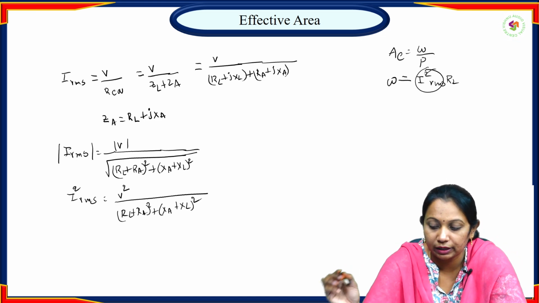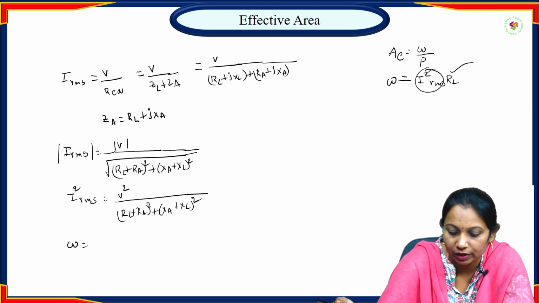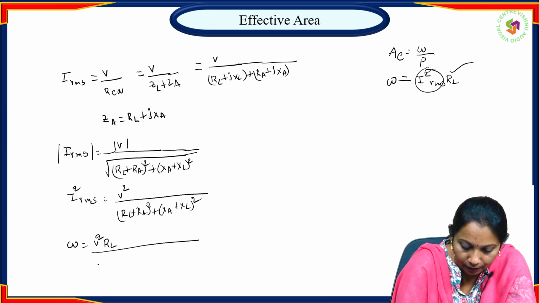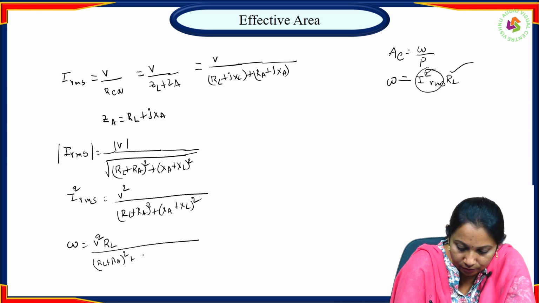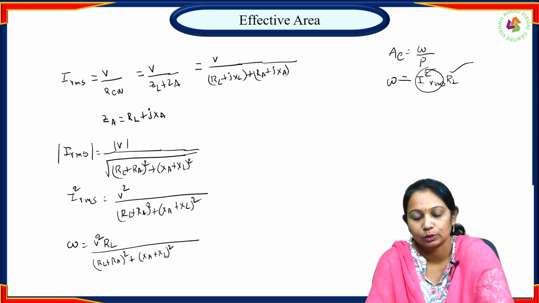So this is I. Then we write the expression for W. This is nothing but I square RMS into RL. So we'll write it as V square RL by (RL plus RA) whole square plus (XA plus XL) whole square.